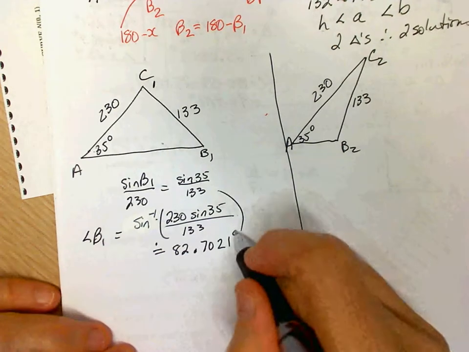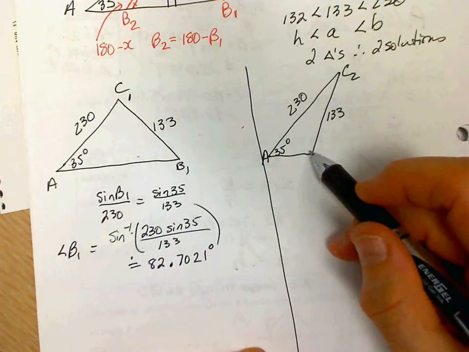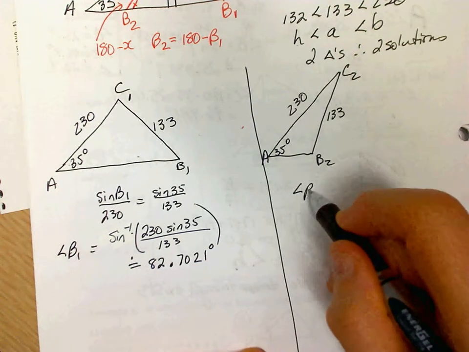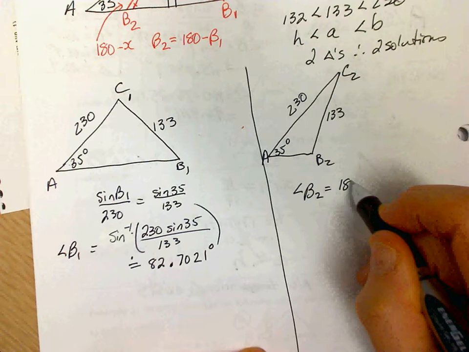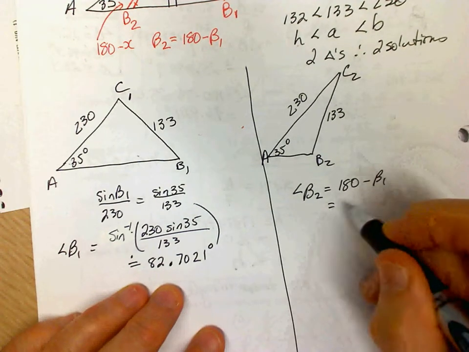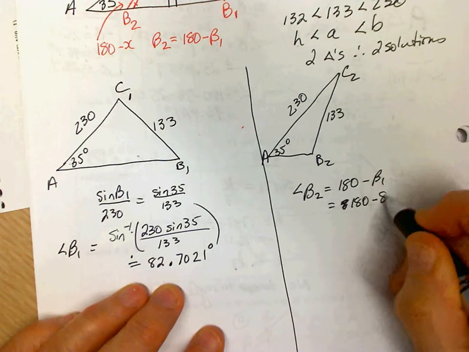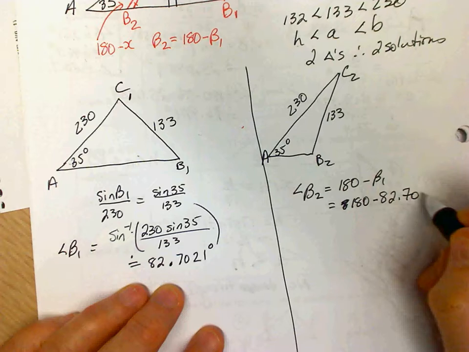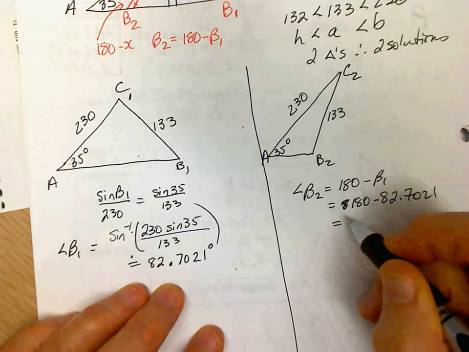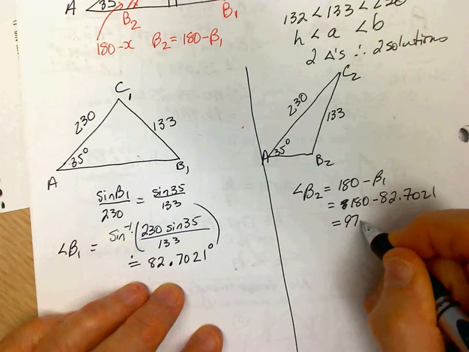Now, we can right away get angle B2, because angle B2 equals 180 minus angle B1, and that's going to be 180 minus 82.7021, which is 97.2979.